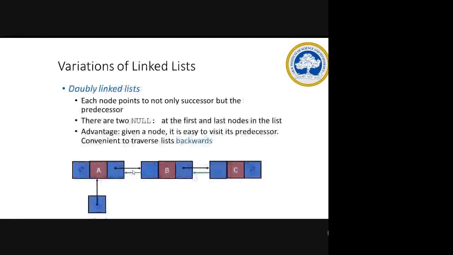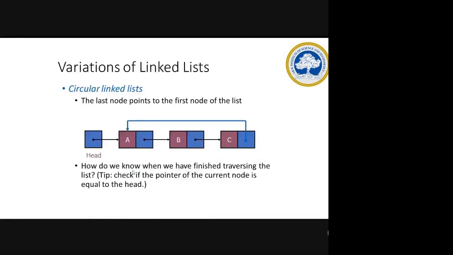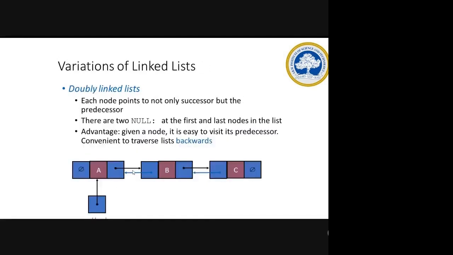That is your doubly linked list. The disadvantage is this: I can move from front to back, and if I want to retrieve back, I'll go here. Everything is possible, but from C, I cannot go back anywhere because it is the end.